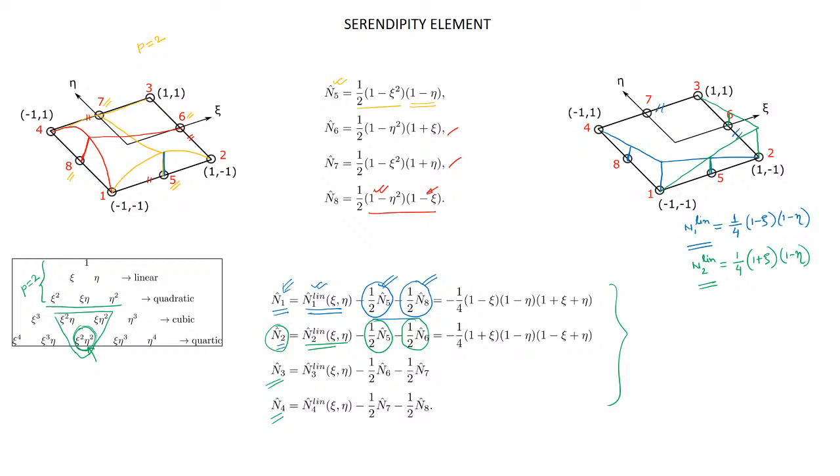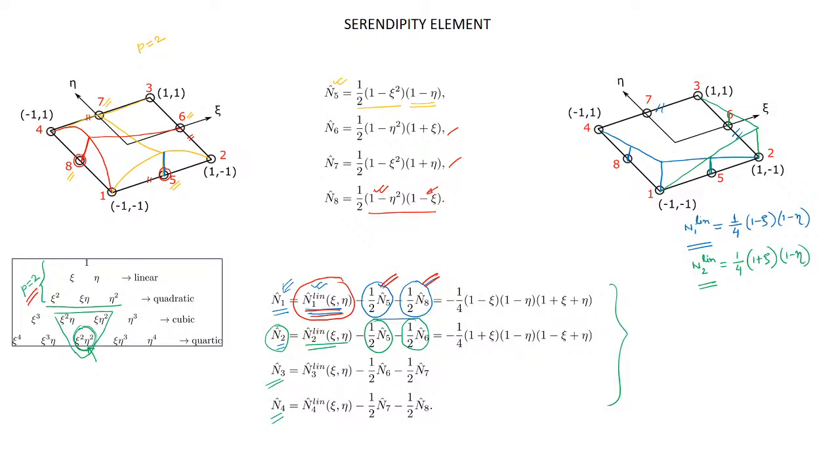As I discussed during the derivation of the serendipity element, we first find out the definition of the shape functions n5, n8 and so on, and then we subtract some part of it from the linear shape function corresponding to n1. So his question is why this is linear, why not quadratic, for which we are actually calculating.